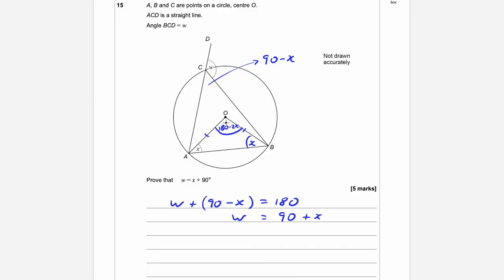Now guys, just to be clear, when you're doing a proof, you've got to explain what you're doing. So here, you want to write isosceles triangle. Here, angles in a triangle add up to 180.